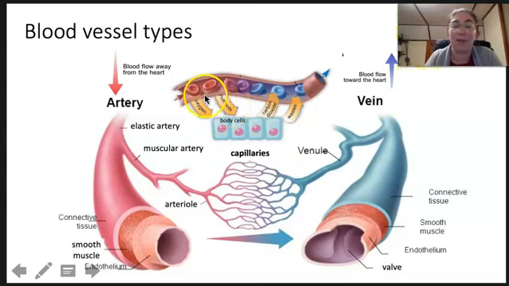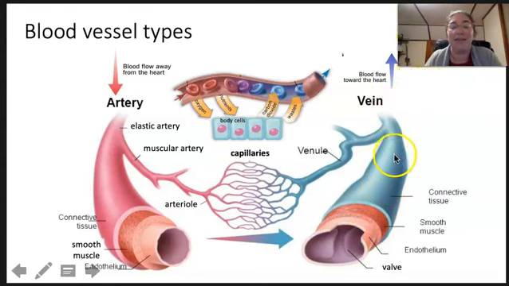They're fairly permeable. And the waste products of the cells, so carbon dioxide, the gaseous waste product, and any other metabolic wastes, will get absorbed into the blood. The blood is now deoxygenated and full of waste products, and that blood will get carried back to the heart through the veins, the venous system.